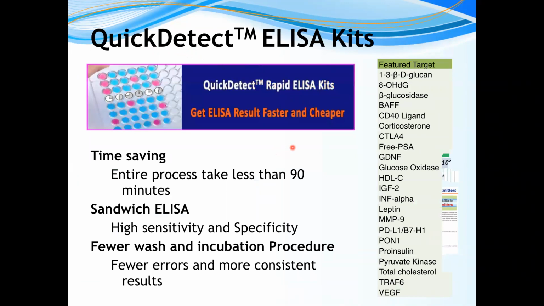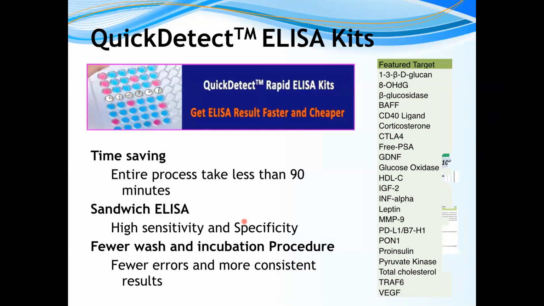These kits can be completed in less than 90 minutes, give quick results, and are very price competitive. They are very time saving. They are mainly based on a sandwich ELISA format and offer high sensitivity and specificity. These are some of the popular targets available in this Quick Detect ELISA kit format.